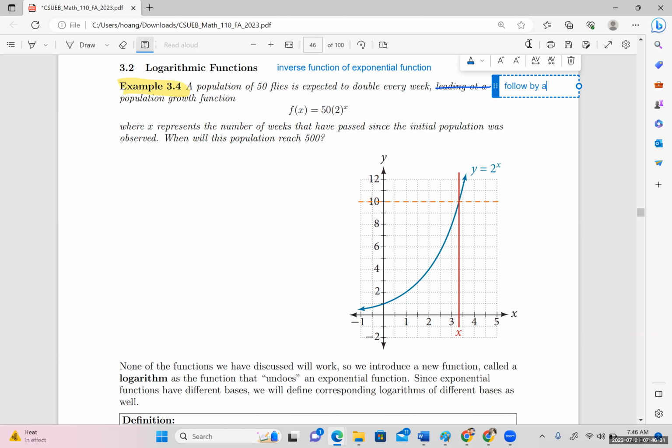Okay. So f of x equals 50 times 2 raised to x.